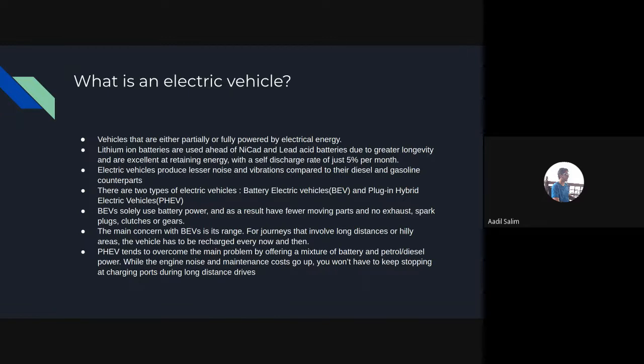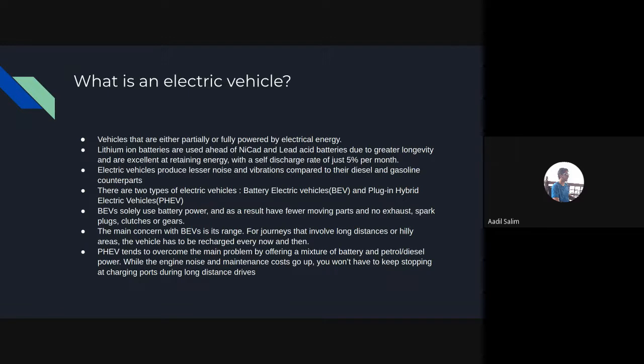Two types of electric vehicles mainly: battery powered electric vehicles and plug in hybrid electric vehicles. So, BEVs solely use battery power, and as mentioned earlier, they have much fewer moving parts. There's no need of an exhaust, spark plugs, clutches, gears, etc. However, the main concern we have with them is their range.